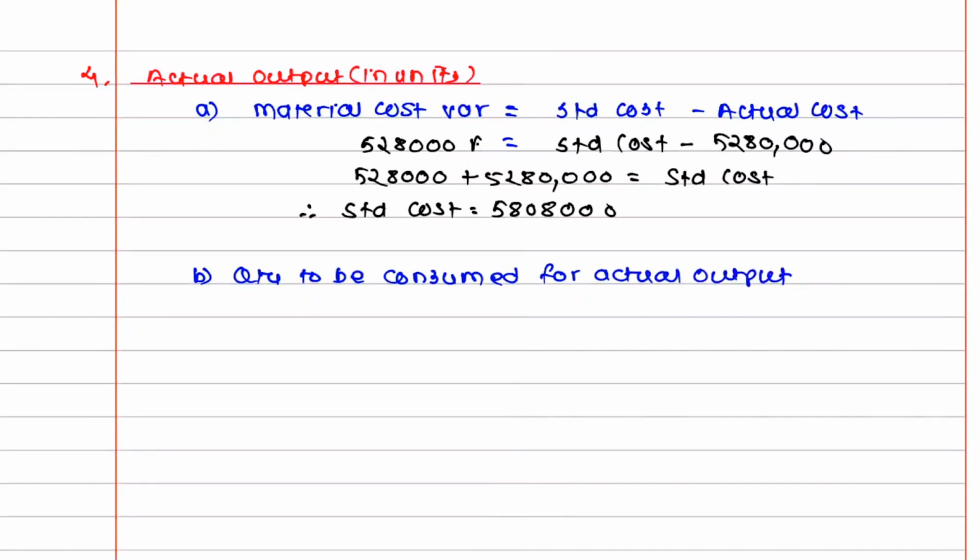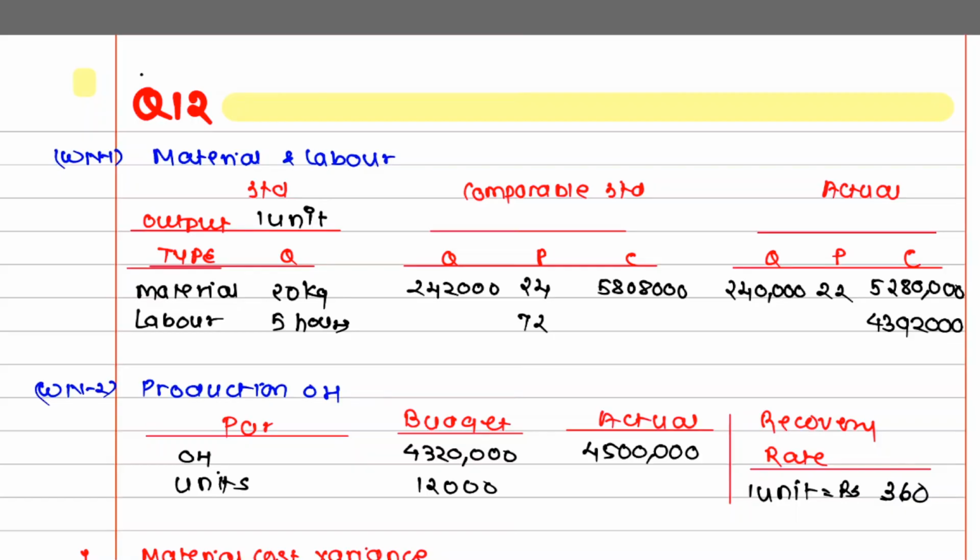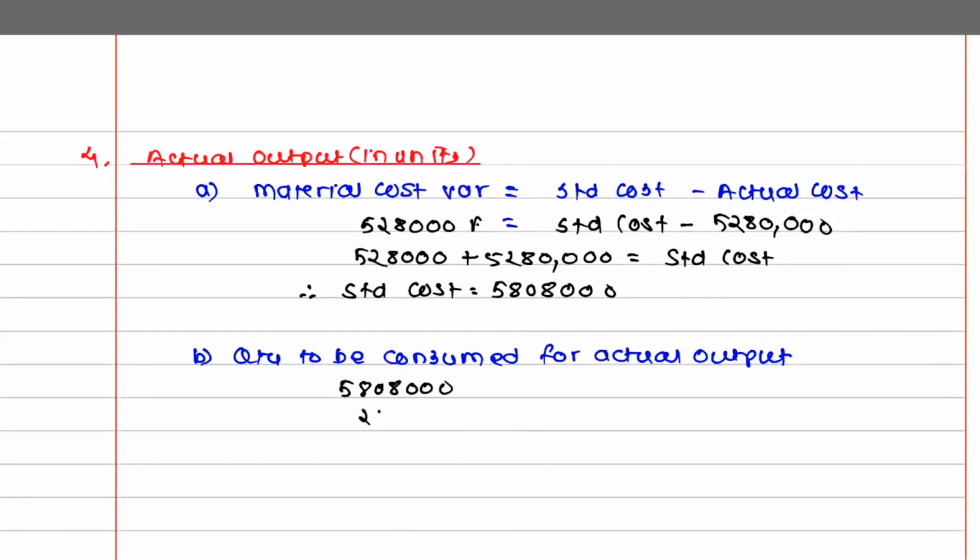That is going to be this 58,08,000 divided by 24. So 2,42,000 I should have consumed.